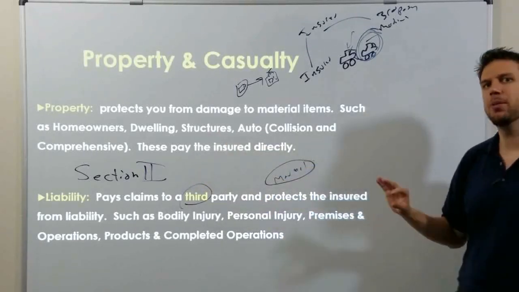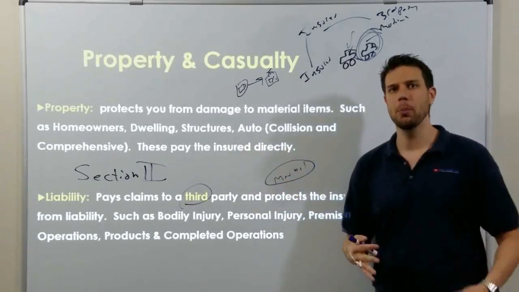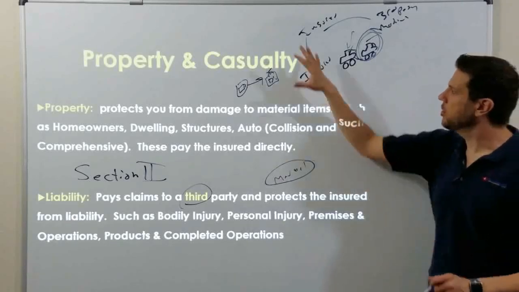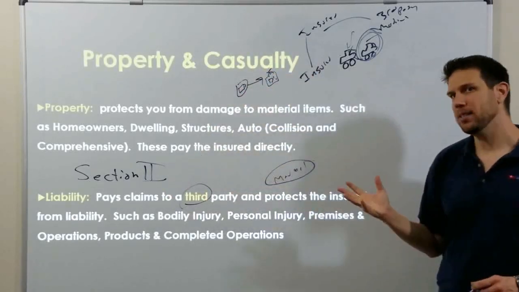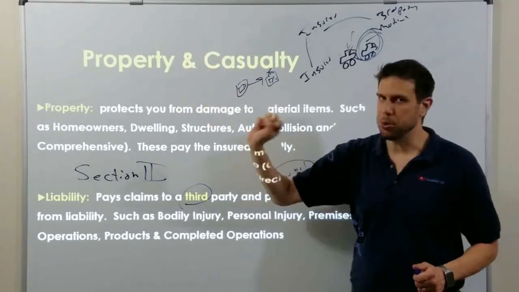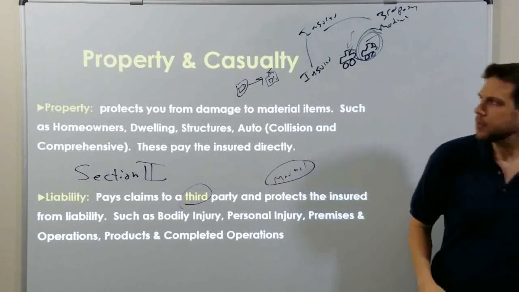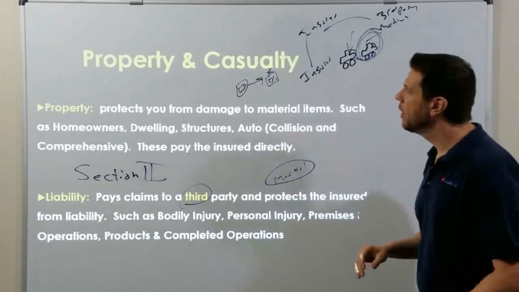What is Section 2 of a workers' compensation policy? Liability. What is Section 2 of a homeowner's policy? Liability. Liability, also known as casualty, will always be Section 2 of any policy, and it pays claims to other people, not the insured. We're going to talk more about liability a little bit later on.